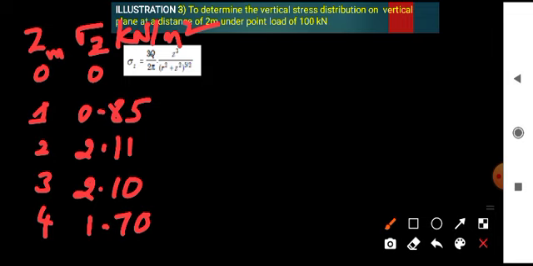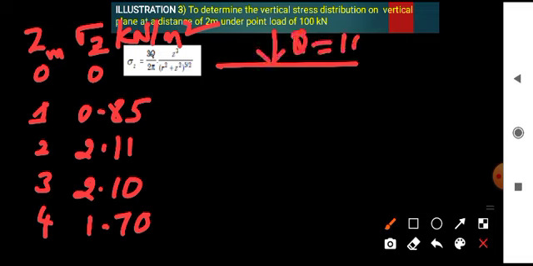Now if we plot the variation of the vertical stress, you have to represent it on a normal graph paper. So Q is equal to 100 kilonewton, which is acting on the surface. This will be the line of action of the applied point load.